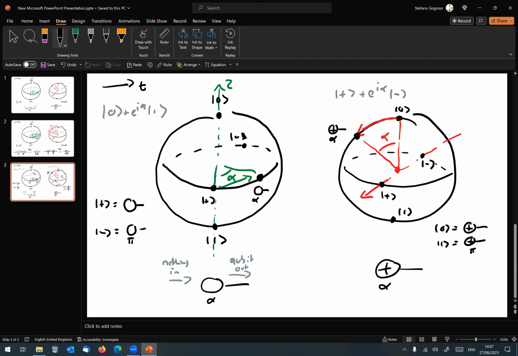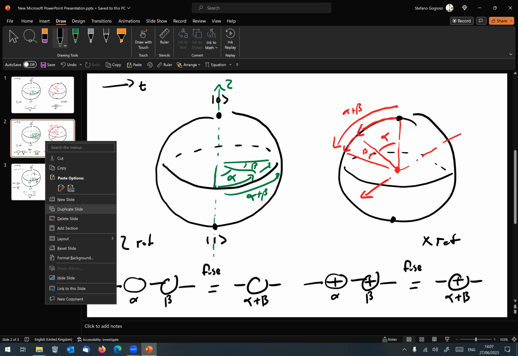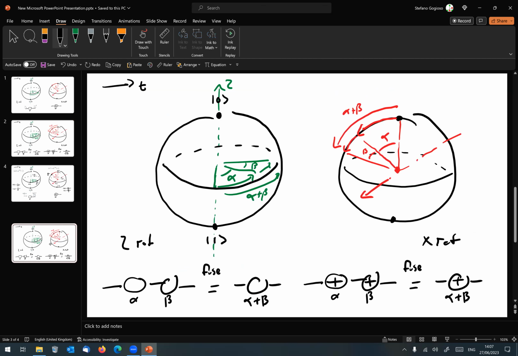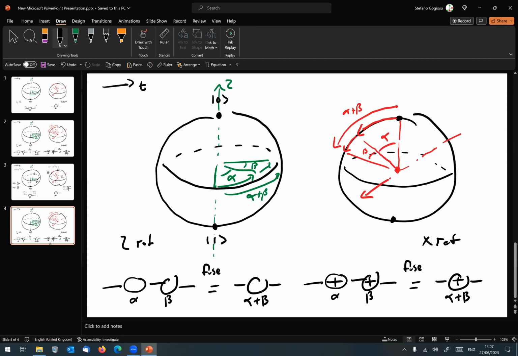So I'm now going to show you that if you take the same exact fusion rule that I introduced before to talk about the rotations, and instead of applying it to two rotations, you apply it to the initial states that I had, magically, I again get the right result. I start with a state that has an angle alpha. I apply a Z rotation to it.